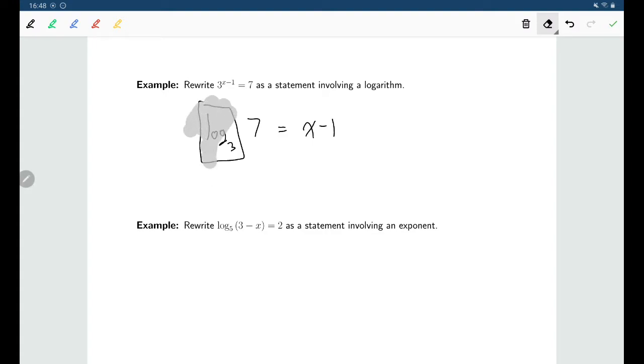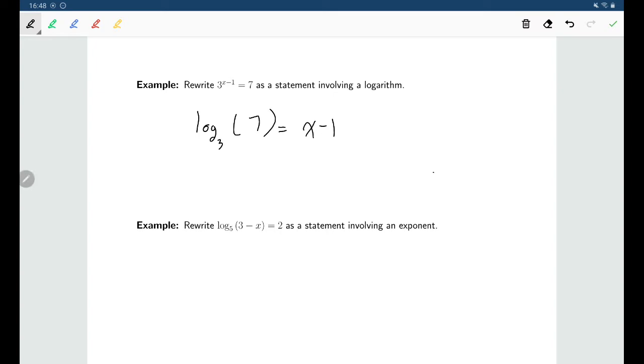You might sometimes see me writing it with brackets to make that really clear. So I might sometimes write this as log base 3 and then put in brackets 7. I don't always write that because usually if it's only a single number or a single term, it's pretty clear that it's log base 3 of 7. I will sometimes use brackets if the input going into a logarithmic function is more than just a single number.